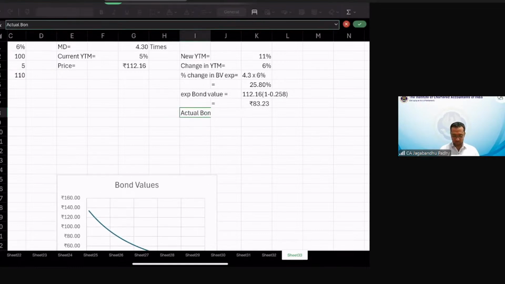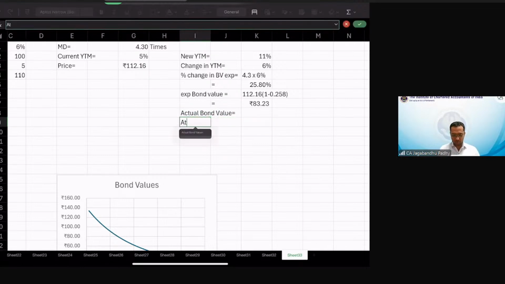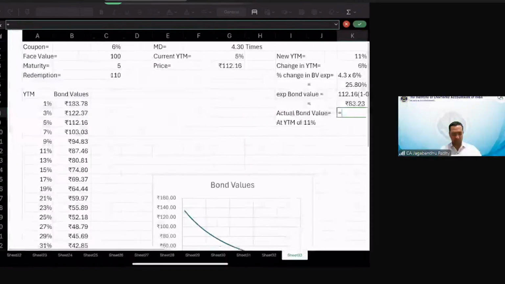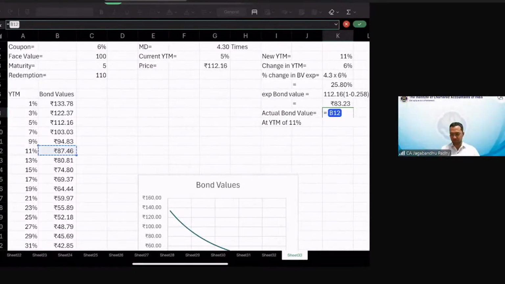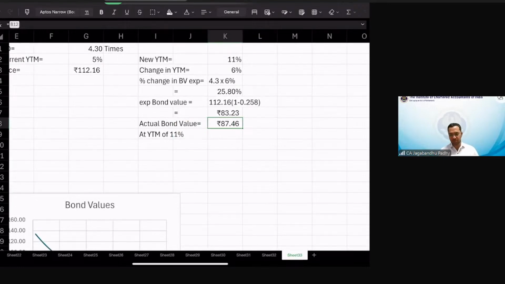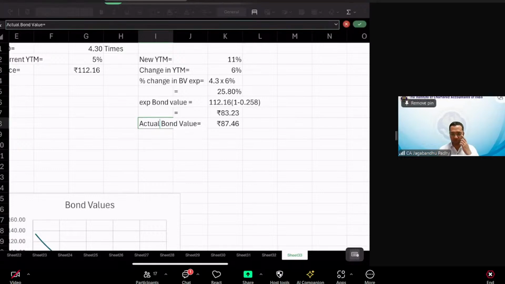Actual bond value at YTM of 11%. The actual bond value at YTM of 11%, we see that it is 87.46. So are you able to see the error, guys? Is the error profound and larger now?